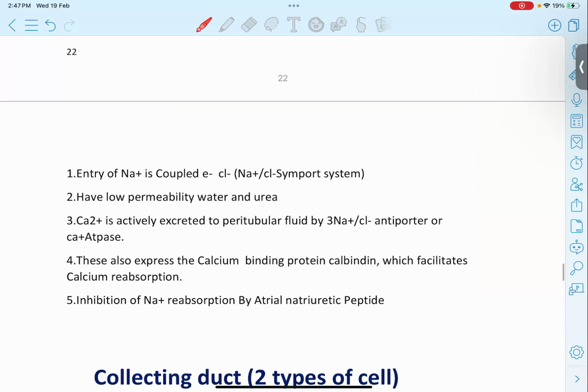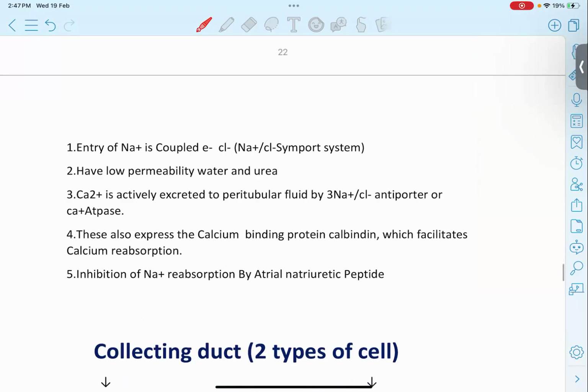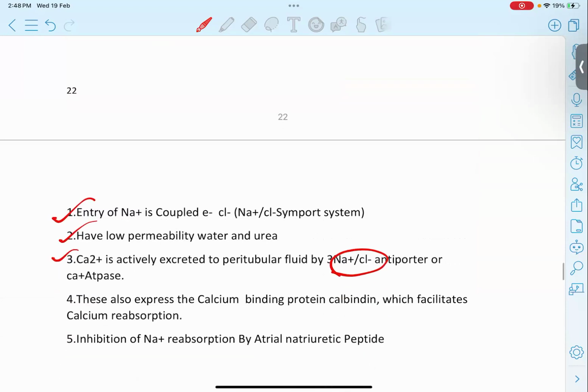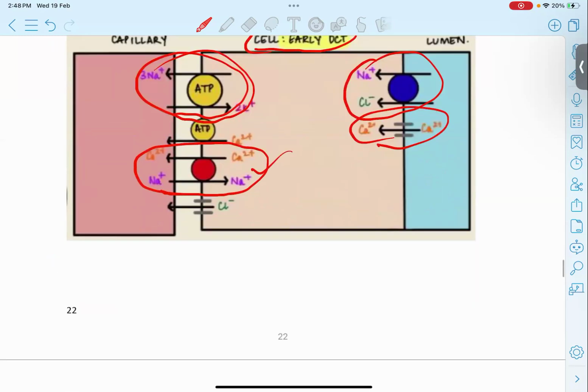So entry of sodium will be coupled with the sodium chloride symporter, and this DCT has low permeability for water and urea. Calcium is actively excreted by the 3 sodium 1 calcium antiporter right here. And this also expresses a calcium binding protein, calbindin, which facilitates calcium reabsorption.